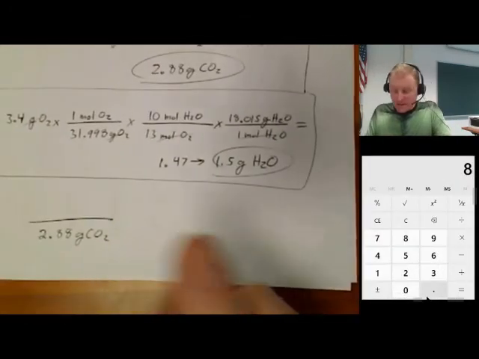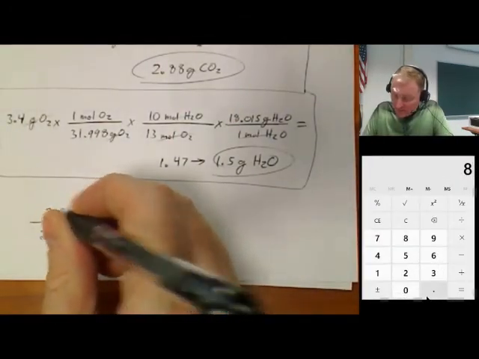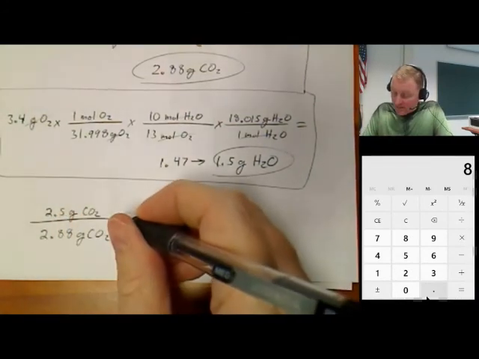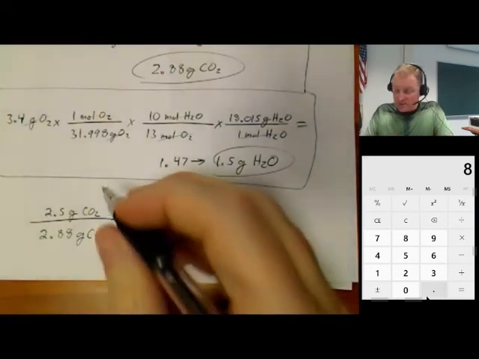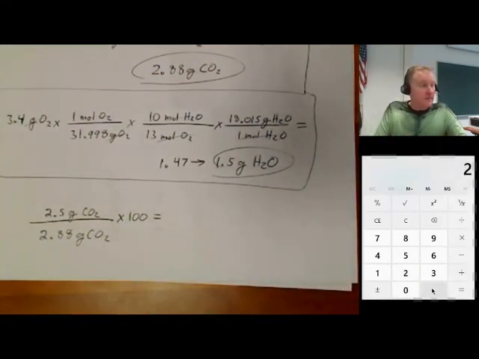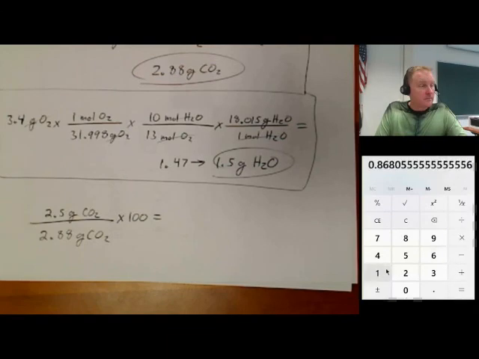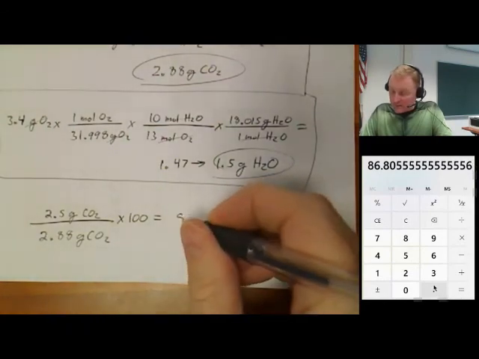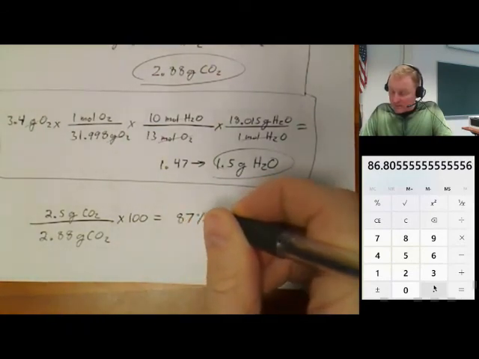So percent yield, I'm going to take what I actually got in the lab, 2.5 grams of CO2, and divide that by what I theoretically got by my calculations, multiply that by 100, and that would be our percent yield. So we have, with 2 significant figures, I would say that's an 87% yield.